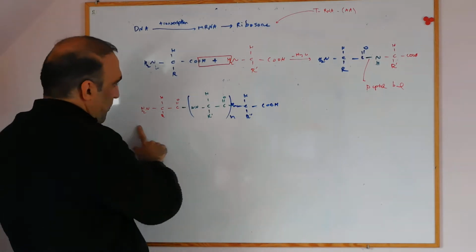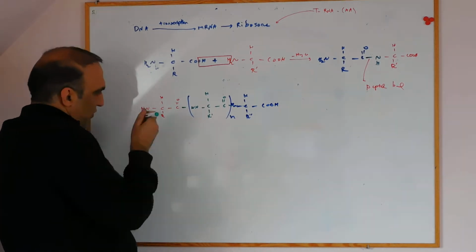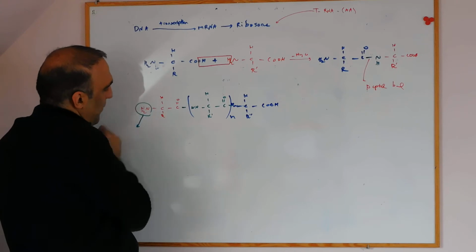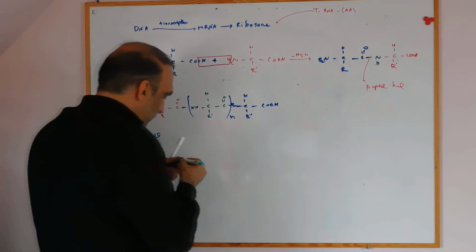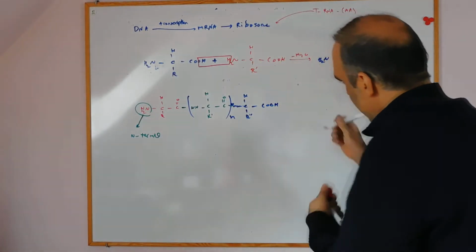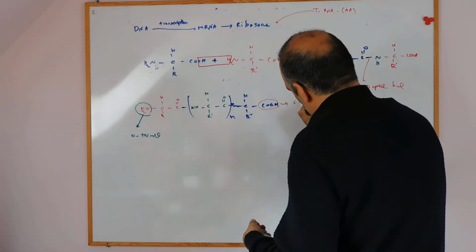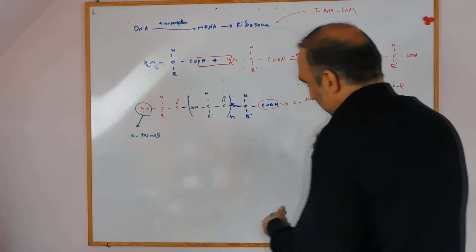Then the peptide or protein structure starts with this amine group, which we call the N-terminal, and finishes with this carboxylic acid, which we call the C-terminal.